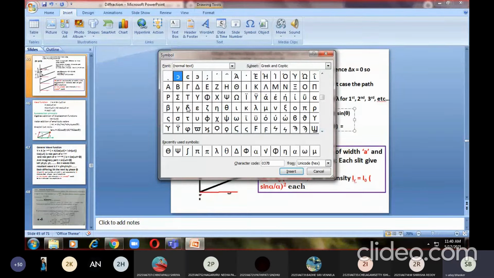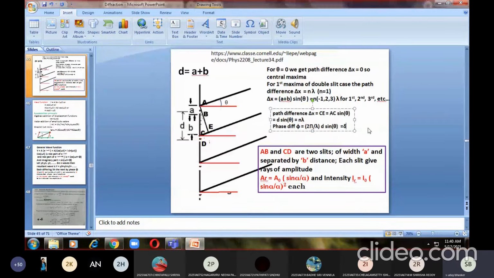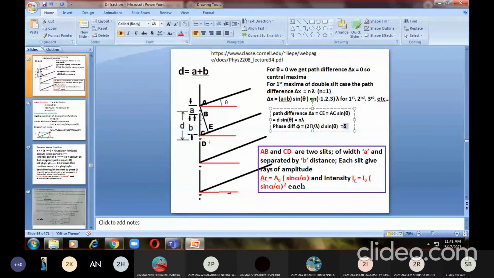Okay, this is the symbol that they are using. Only because I have to match the symbol being used, I'm using it here. So the phase difference between two adjacent waves is delta.